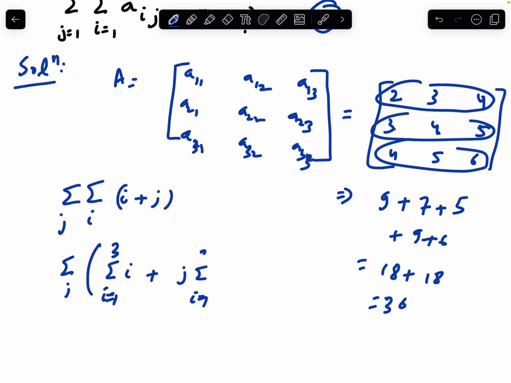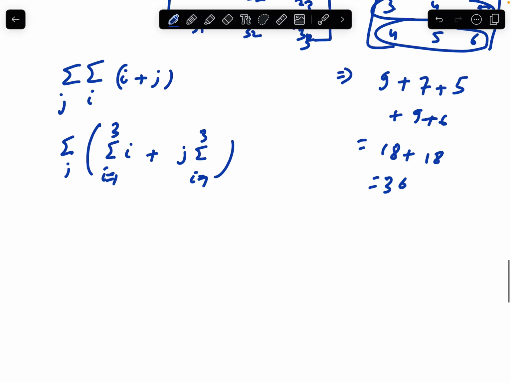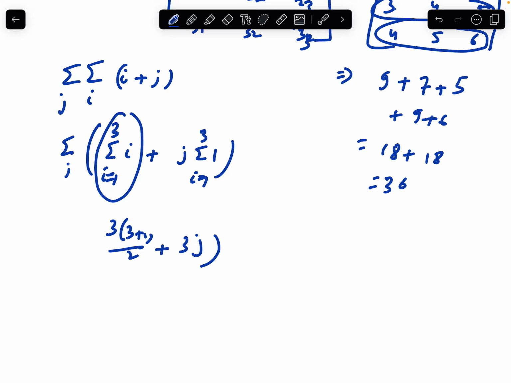Summing over i from 1 to 3, this is 1 plus 2 plus 3, that is 6, plus 1 added to itself 3 times, so this gives me 3j.